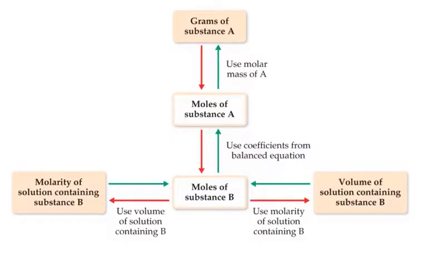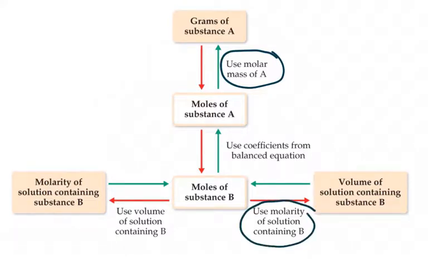So here's a little flow chart showing some of the connections between grams and moles. We know we use the molar mass to go from one to another. But here at the bottom is what I had told you. If you have the volume and the molarity, you can multiply those two to get moles.